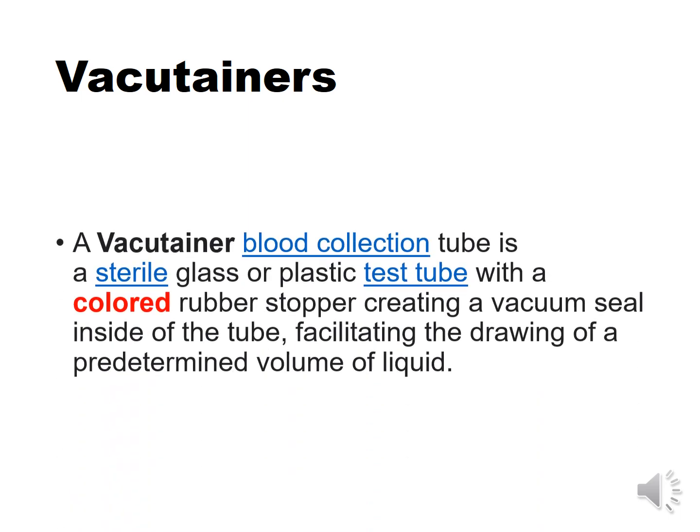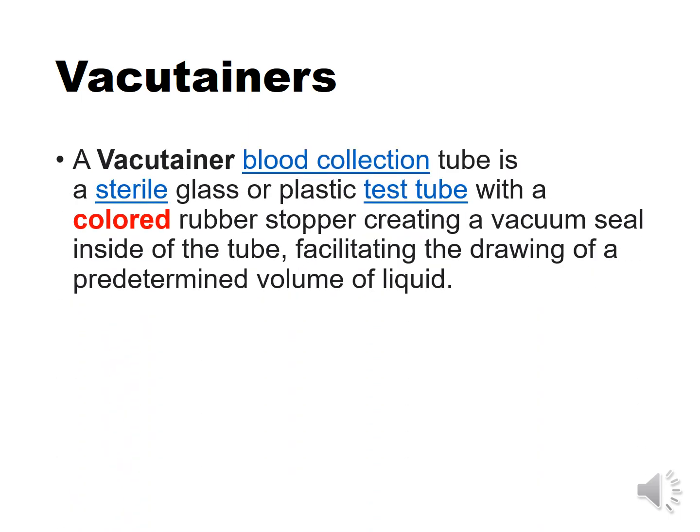So let us start with the instruments. The first group is vacutainers. Vacutainers are the blood collection tubes composed of sterile glass or plastic. These are test tubes with colored rubber stoppers, and they have a vacuum inside. The vacuum within the tube facilitates drawing of the blood, so when you do the venipuncture, the blood flows easily.